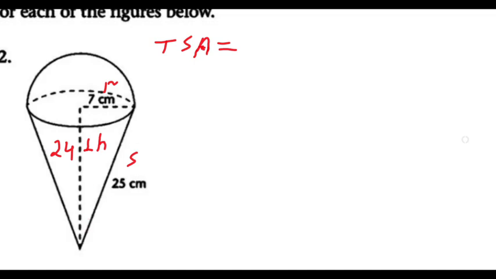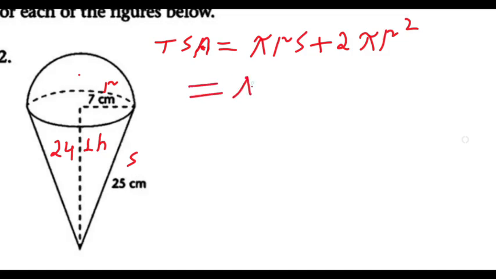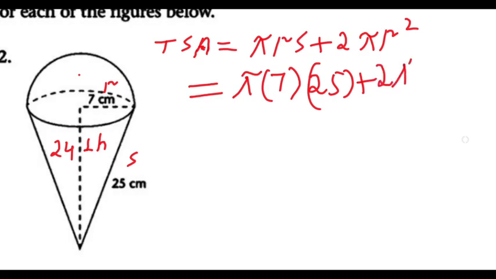We have a cone here, so that's going to be pi r s, plus the lateral surface area for the hemisphere, which is 2 pi r squared. Remember, I told you earlier. So pi, radius we got 7, multiplied by 7, slant height we got 25, plus 2 pi, radius we got 7 squared.